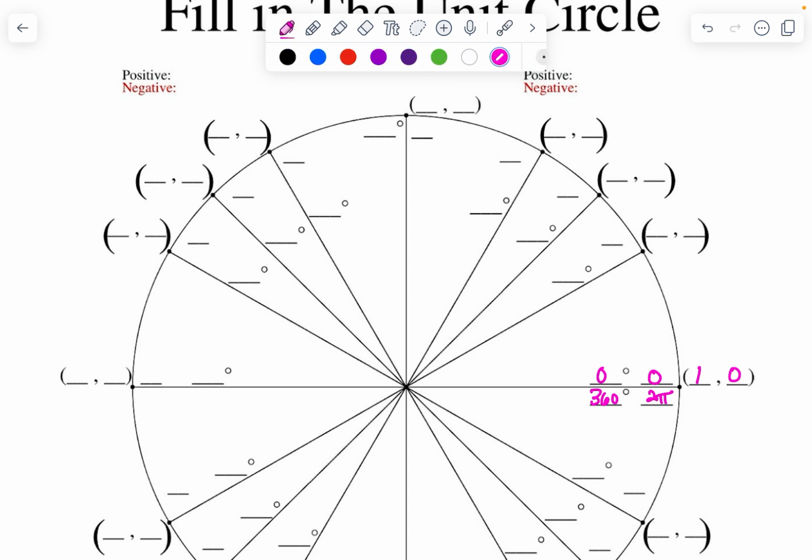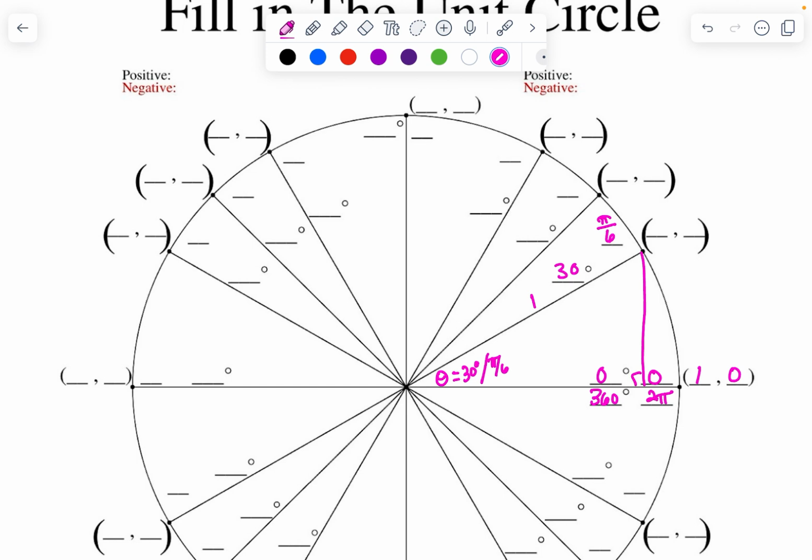If we come up here and make a 30-degree angle, so pi over 6 in terms of radians, let me draw in a quick little right triangle, and let's think about this for a minute. So theta here is 30 degrees, or pi over 6. We know the hypotenuse is 1, because the radius of this circle is 1.